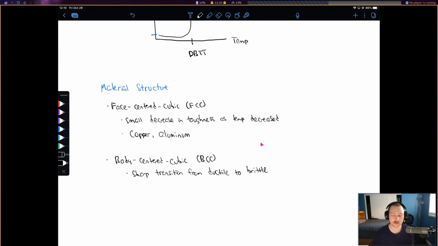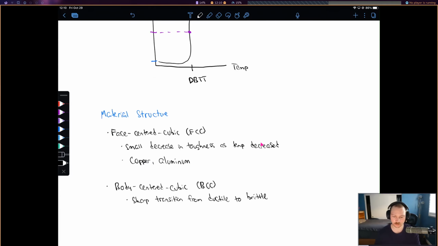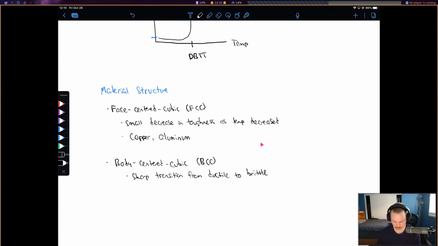These ones are going to be pretty brittle at low temperatures, just like you saw in the graph here. And an example material is going to be steel, like we talked about.